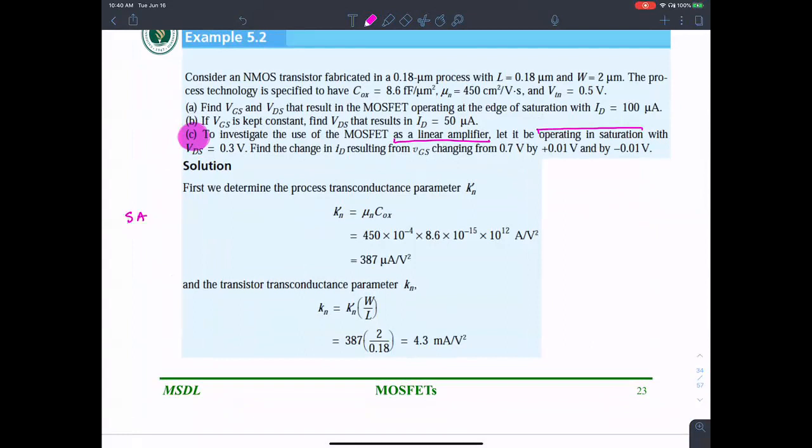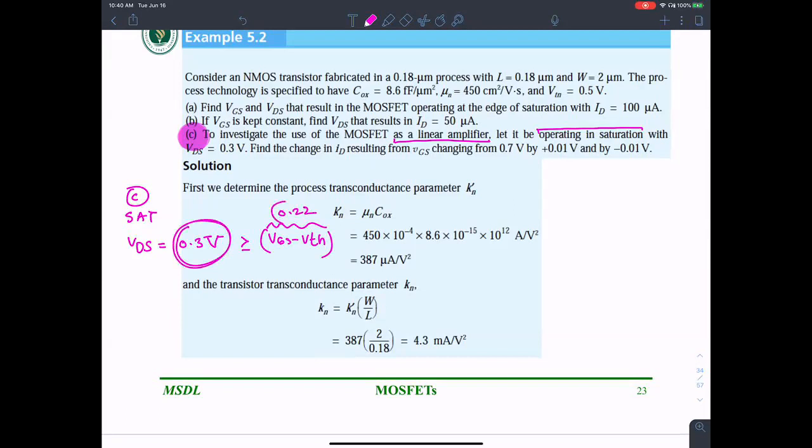Part C says we are operating in saturation region, and VDS is given to be 0.3 volts. We can verify that VDS is greater than or equal to VGS minus V threshold. We calculated this value to be 0.22.